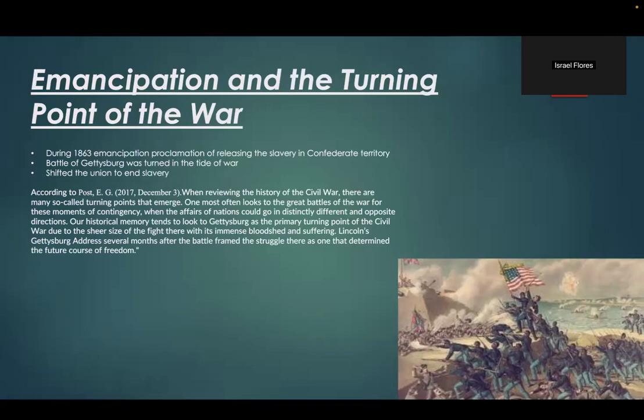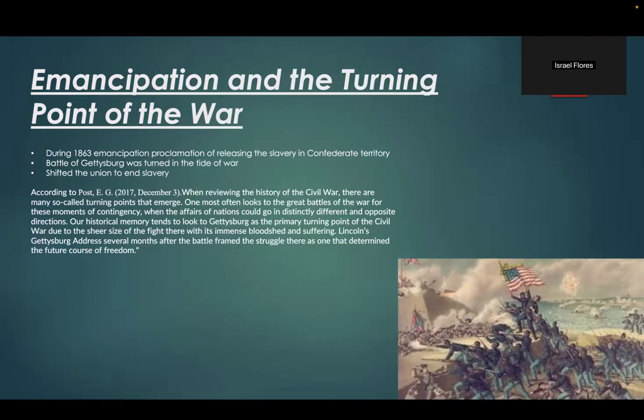When reviewing the history of the Civil War, there are many so-called turning points that emerge. One most often looks to great battles of the war for these moments of contingency, I can't say that word, when the affairs of the nation could go in distinctly different and opposing directions.